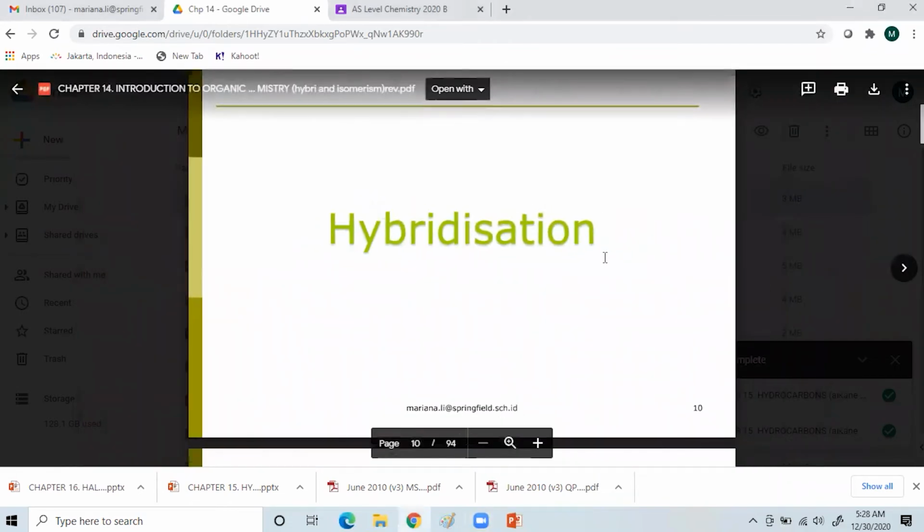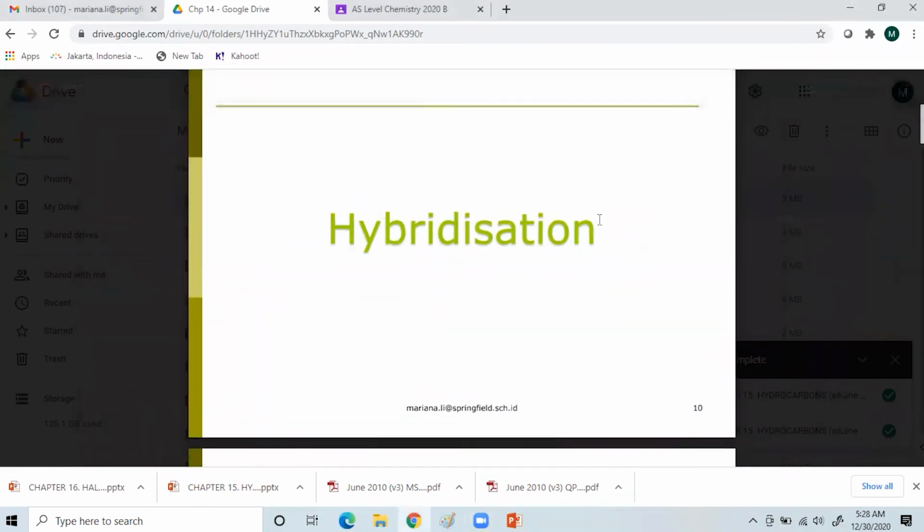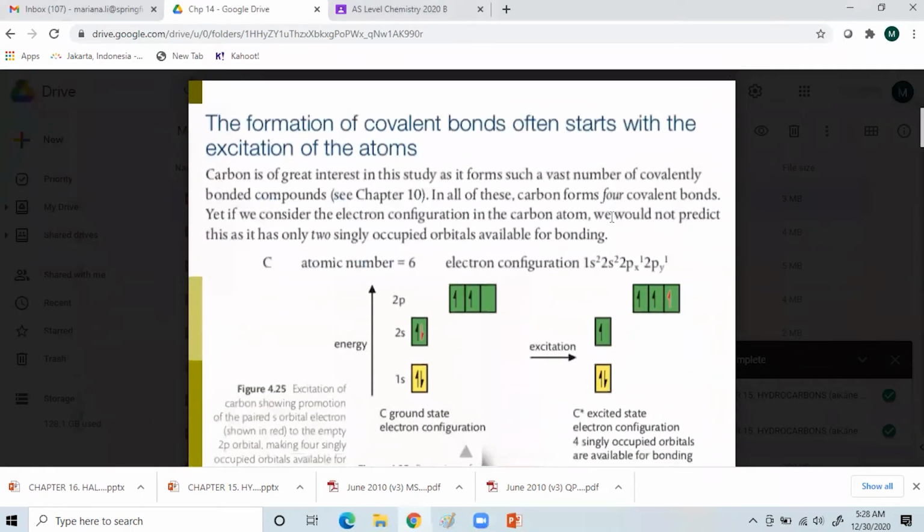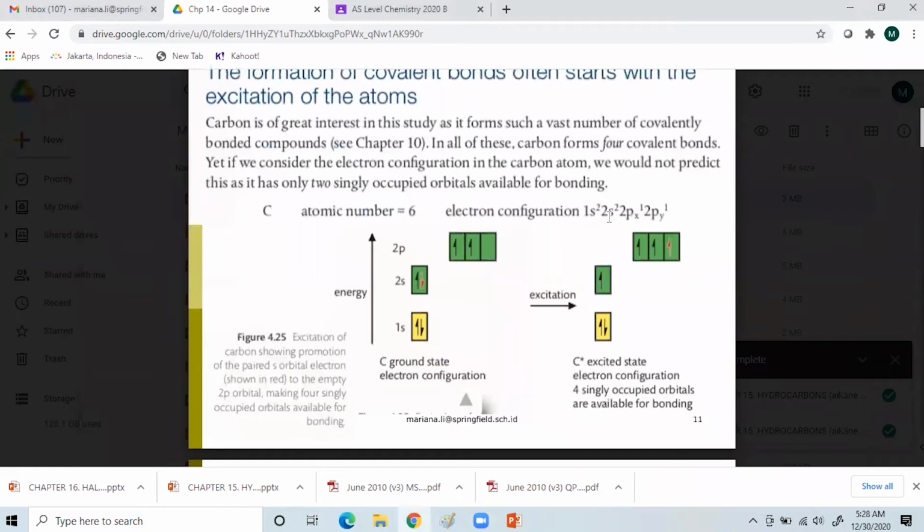After we learn about what sigma and pi bonds are, let's recall hybridization. You already know that hybridization is the process of mixing atomic orbitals to produce hybrid orbitals of the same energy.